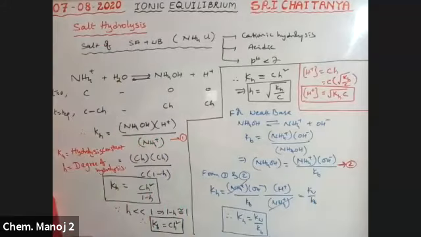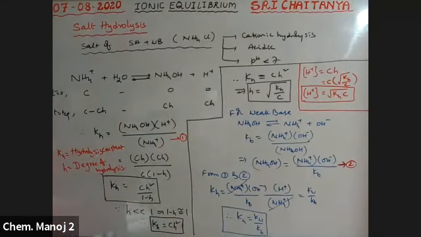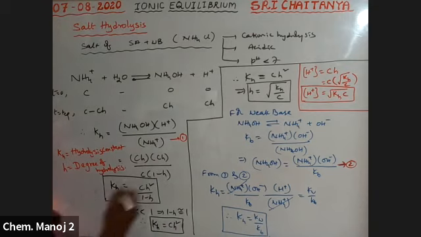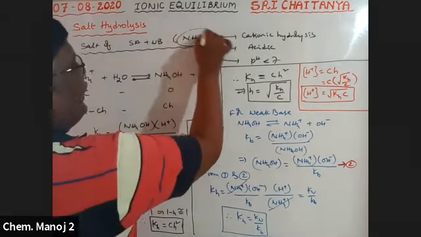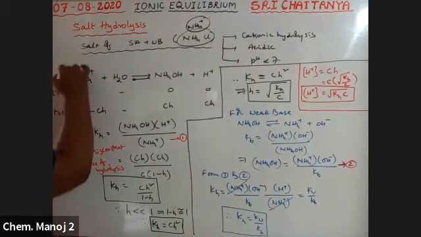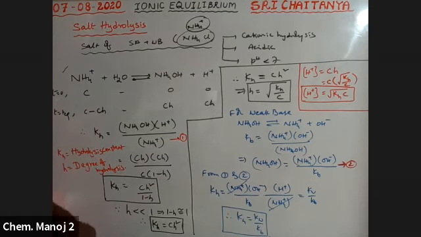Okay, boys. See here. Now I am trying to explain the hydrolysis constant of this NH4Cl. In NH4Cl, the NH4 plus ion is involved in the reaction with water. NH4 plus ion plus water gives NH4OH and H plus.